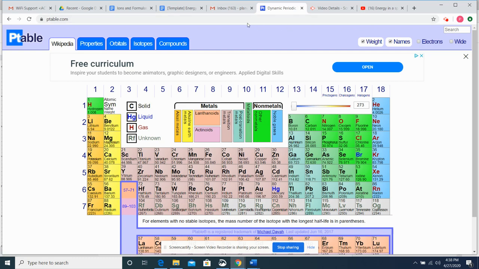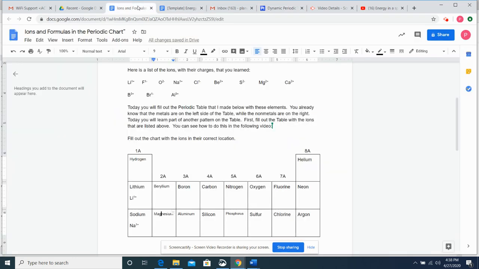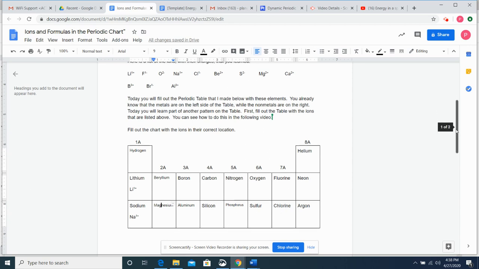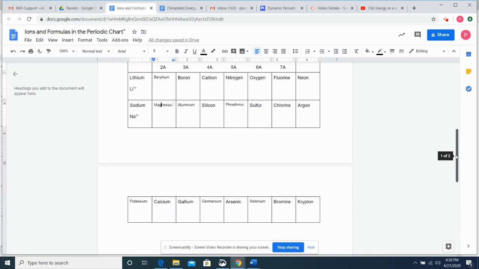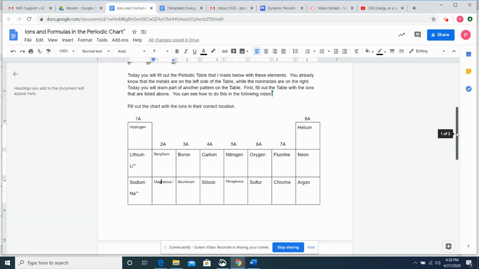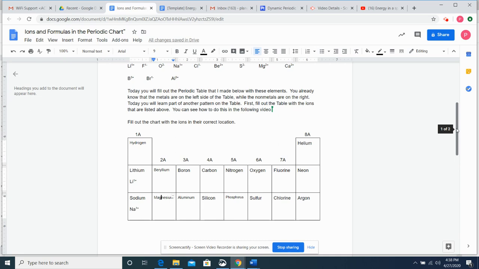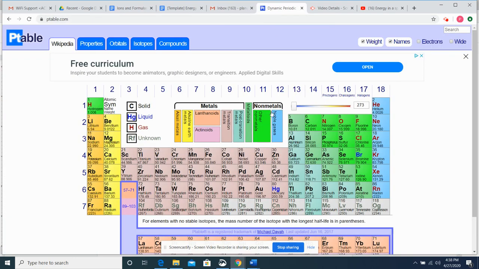All right, and so going back into here, once you get all of these elements filled into their correct spot in the chart, and it does go onto the other page, then you're going to be answering some questions about what you see on that periodic chart. One last thing about that periodic chart is the periodic chart that you see here, the actual periodic chart.